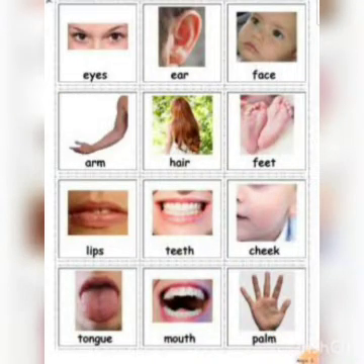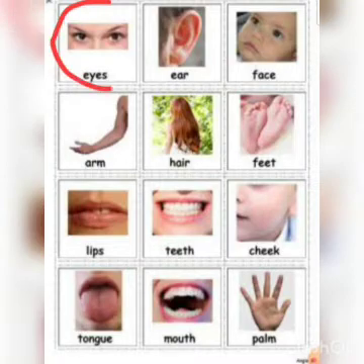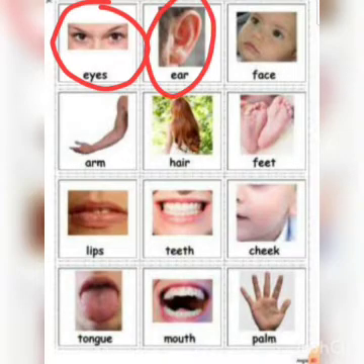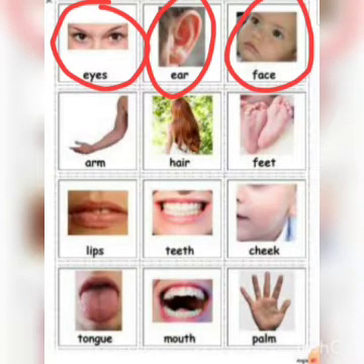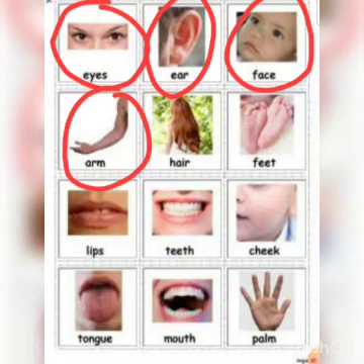So kids, we can see few more pictures of our body parts. Some of the examples are given here. See, these are eyes. This is ear. This is face. This is arm. This is hair.